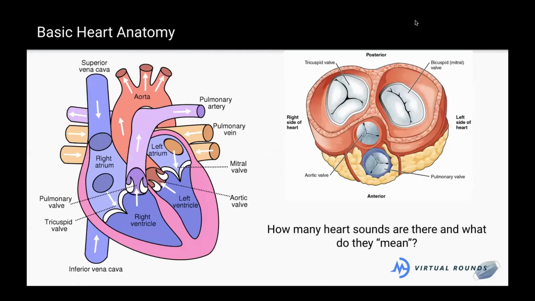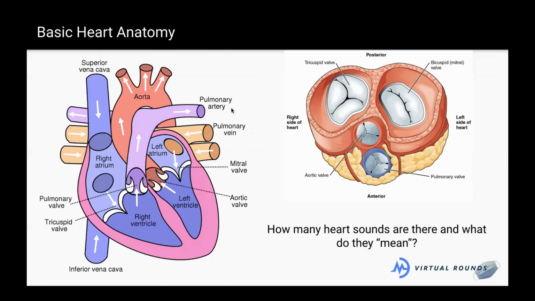Okay, so now we get to move into the fun part. We're going to talk about heart anatomy first, and then we're going to talk about valve disease. So first thing I want to talk about is just the general flow of blood. You take a breath in, air comes into your lungs on either side. So here, all three of these and all three of these connect to the lungs on either side.